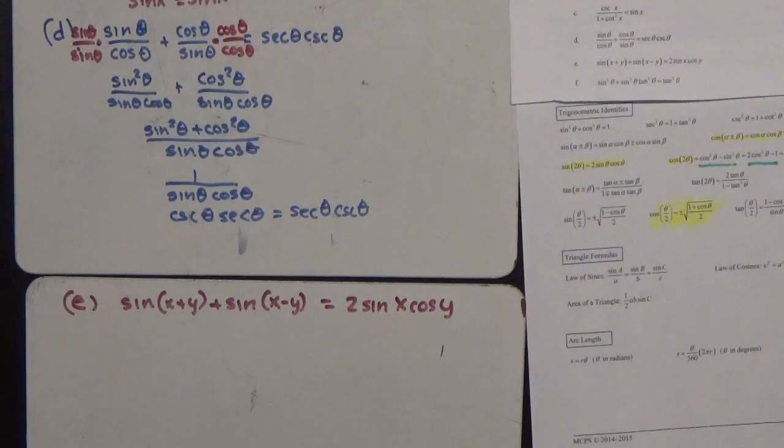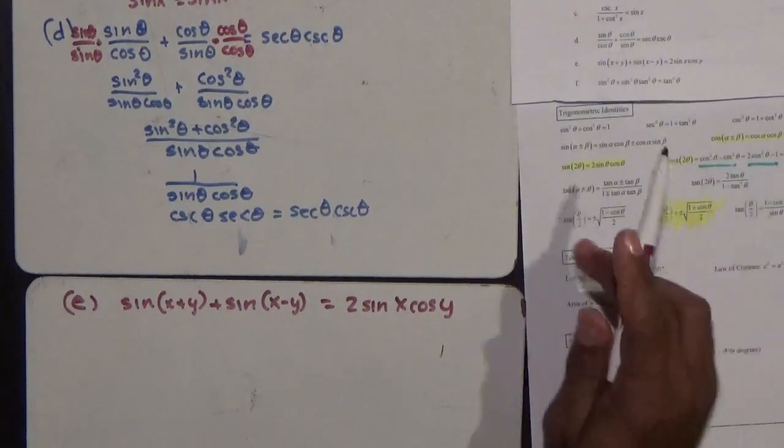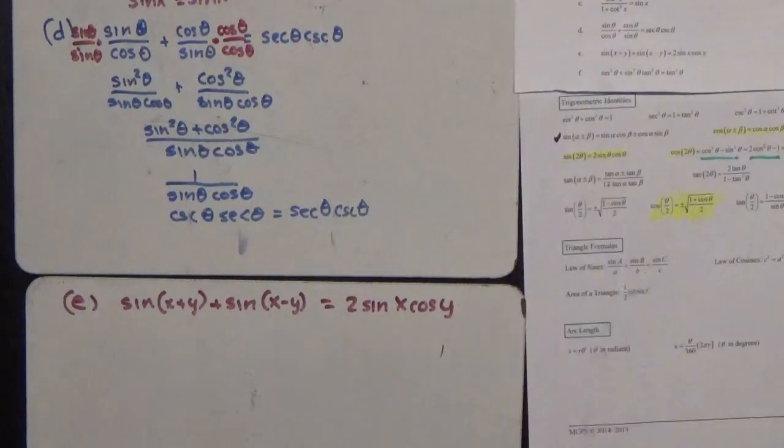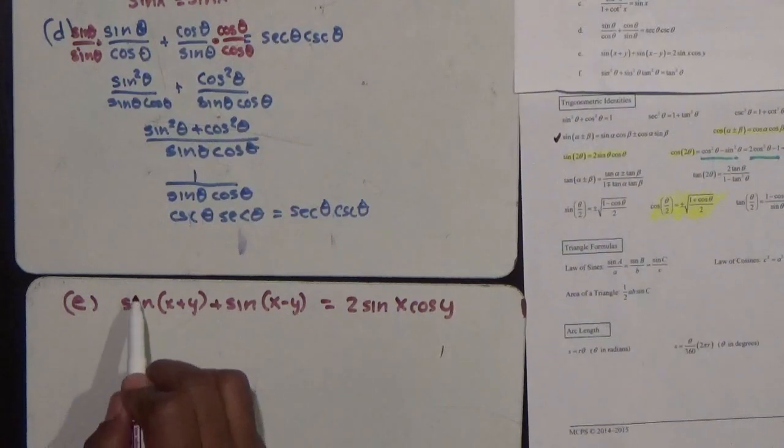All right, so this is a long problem, but it's doable. We're going to use our sum and difference sine formulas to spread this all out. All right, so it'll look like this.